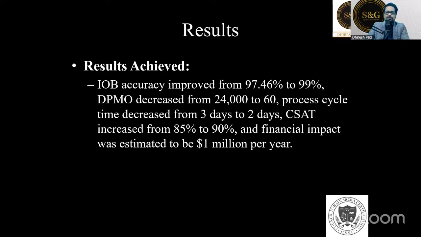So these were the results brought in by this project. Of course, some numbers are rounded off just to mask the real numbers for the project, but just to give us the flavor of how projects are basically done.